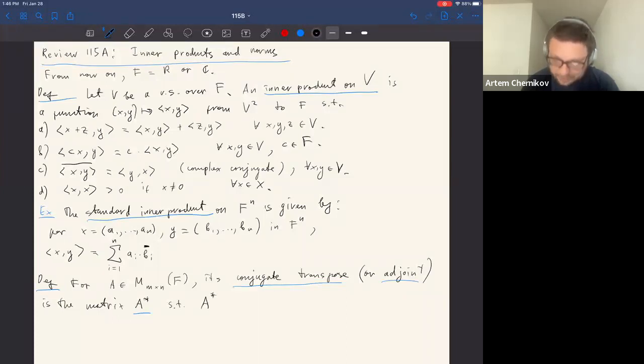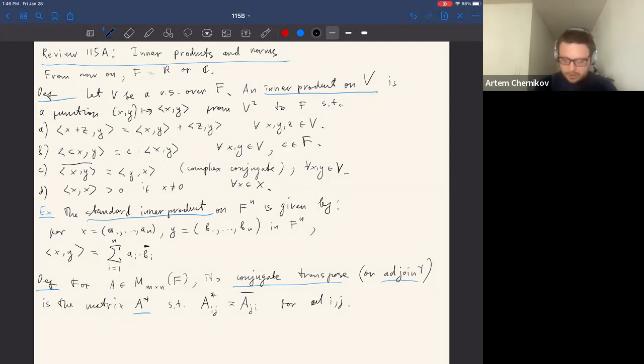The entry of the matrix A star in the position ij is going to be AJI conjugate transpose, and we have this formula for all ij. So this gives then an n by m matrix.